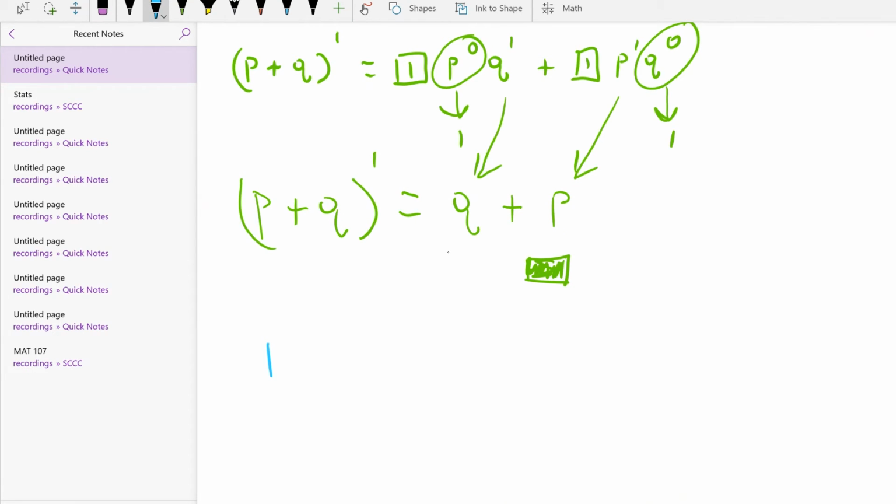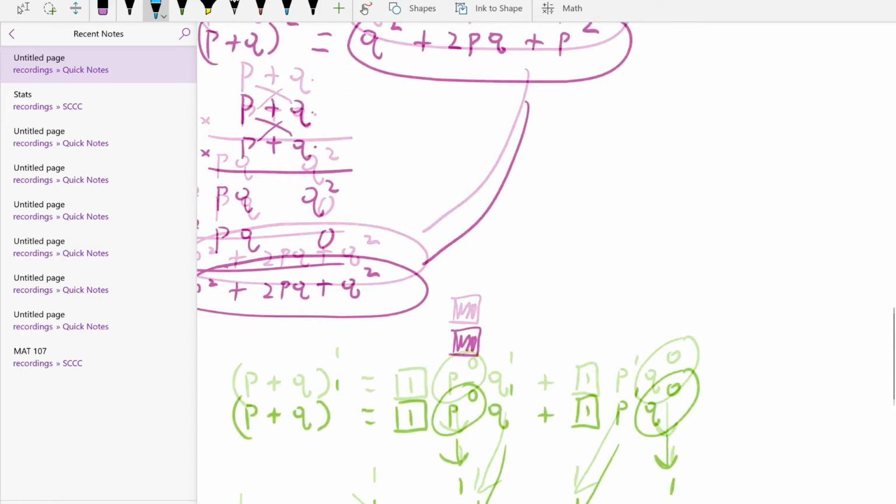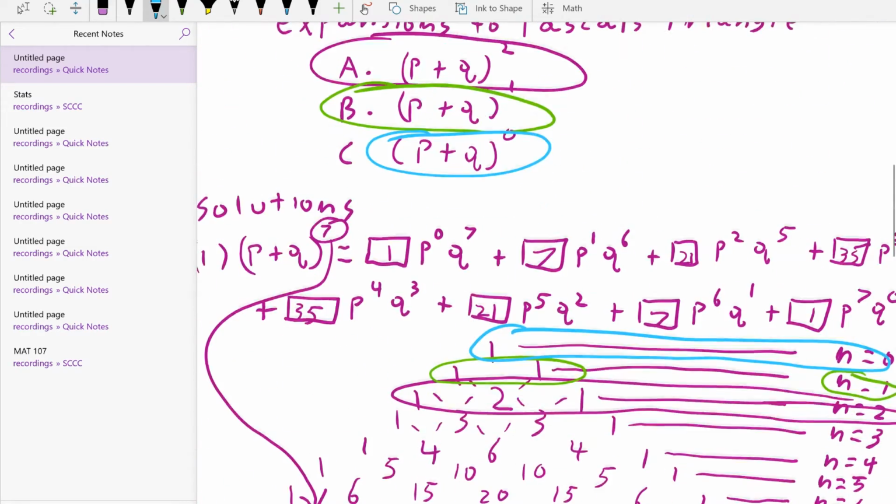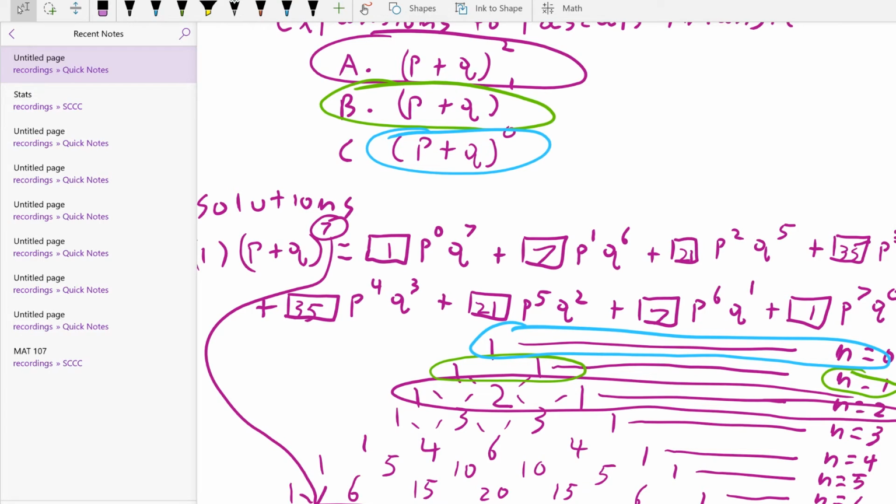Because p plus q to the 0 power, anything to the 0 power, should be 1. And it is. See? It's the upper vertex of Pascal's triangle. So this worked out beautifully.